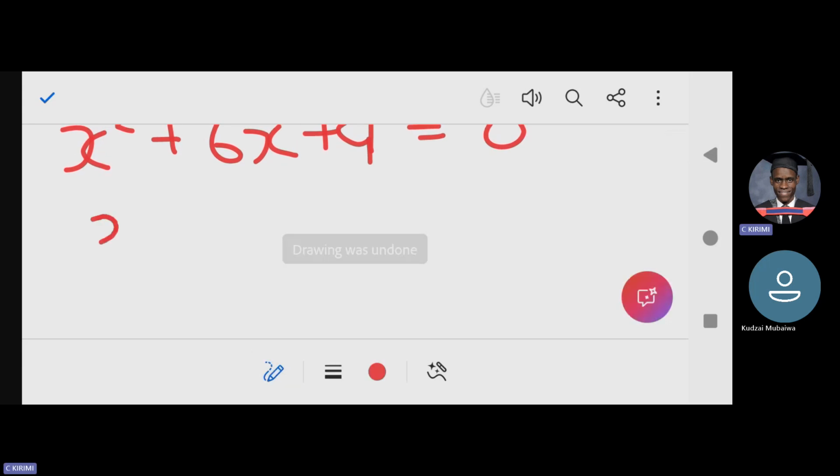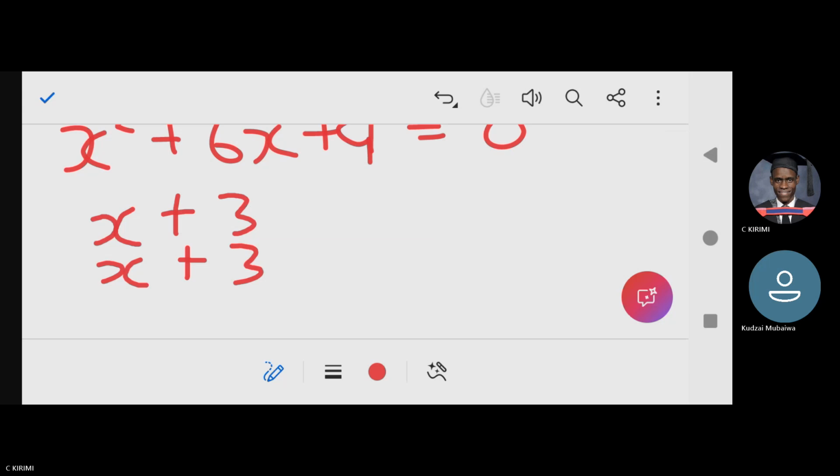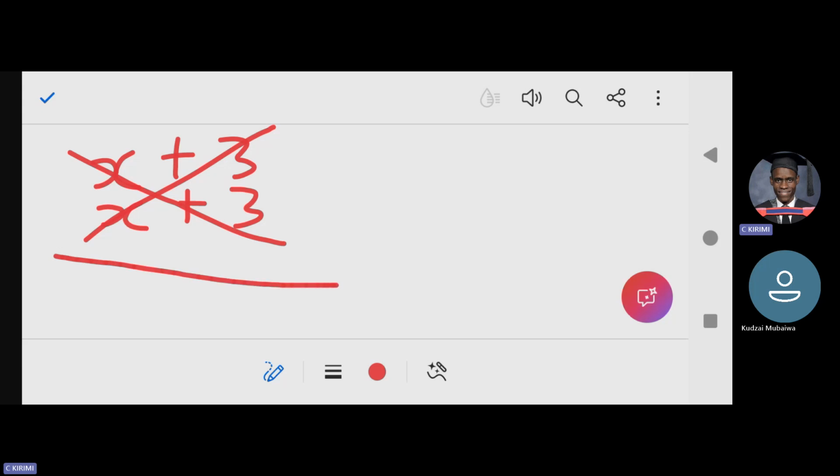For x, remember x and x, they give you x squared. And then 3 times 3, they give you 9. So if I add in between like this, which means 2 brackets, and cross multiply, x times 3, 3x, and x times 3, 3x, if you add, the middle term will give you plus 6x.